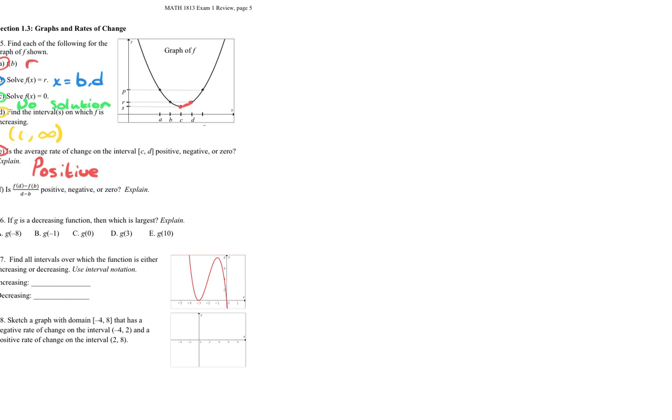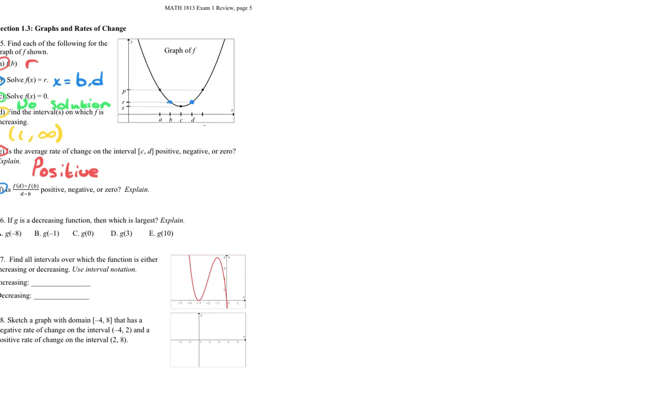So this next one is f of d minus f of b over d minus b, positive, negative, or 0. So we are looking at f of d. So f of d is here, and f of b is here.